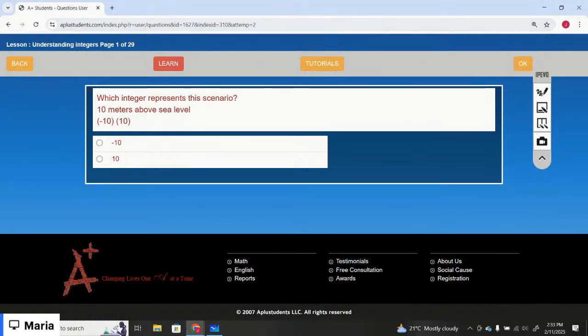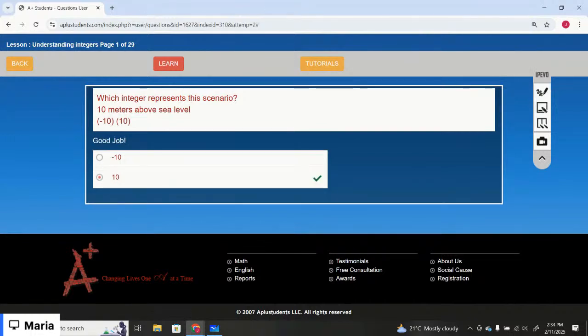Which integer represents the scenario 10 meters above sea level? That is above sea level, that would be an increase. It would be represented by the positive numbers.